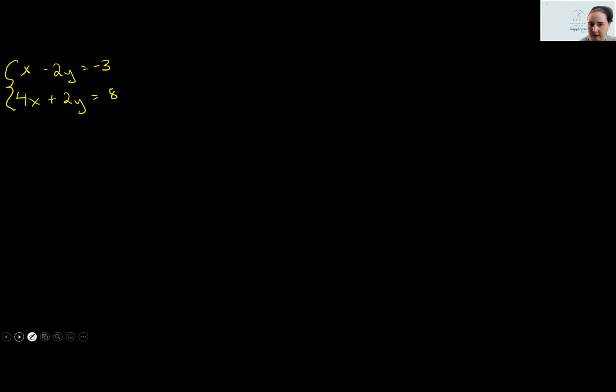So to solve this, I'm going to take that first equation and solve for x and then substitute it into the second one. So I have x minus 2y equals -3. So I'm going to add 2y.